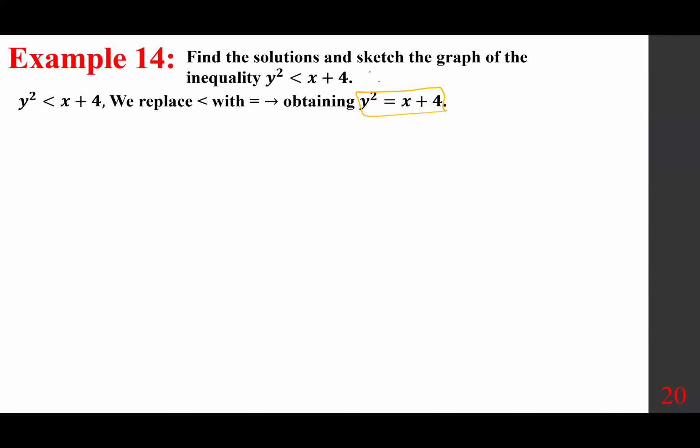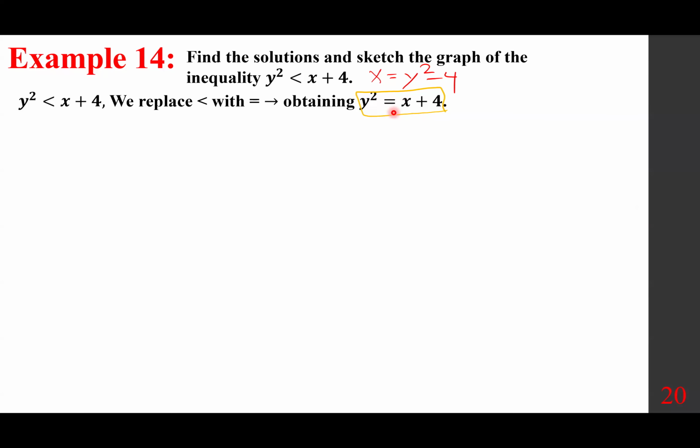you're dealing with x equals y squared minus 4, okay? Because it's quadratic with respect to y, it opens to the right or left. Because the coefficient of y squared is positive, it opens to the right, just to give you an idea. So you can find the intercepts easily, okay?